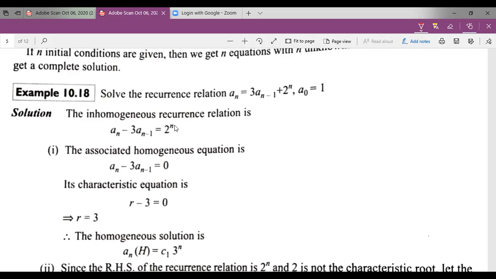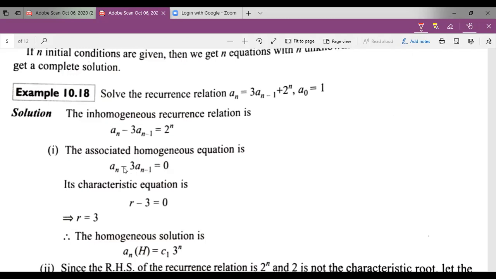What is the solution of the non-homogeneous equation? a_n = a_n^(h) + a_n^(p), where h means homogeneous solution and p means particular solution. First we find the homogeneous solution. The associated homogeneous equation has RHS equal to 0, so a_n - 3 a_(n-1) = 0.